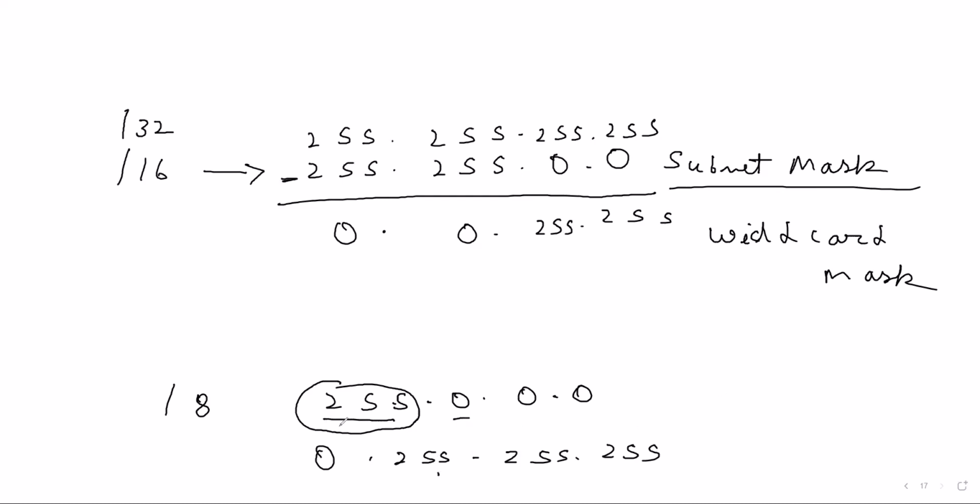Just the opposite. This is a shortcut. Like if I write /24 again, directly I can write 0.0.0.255.